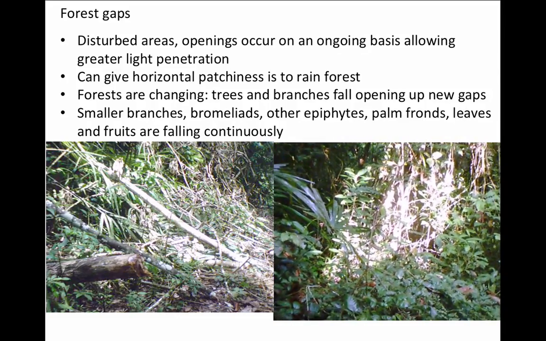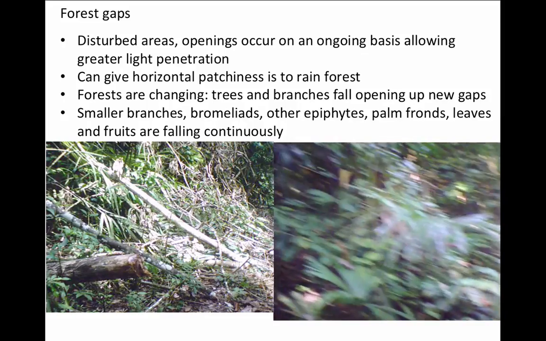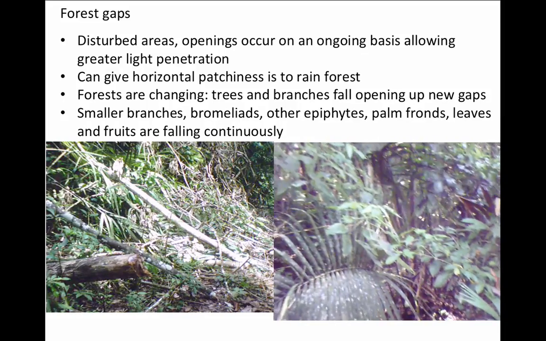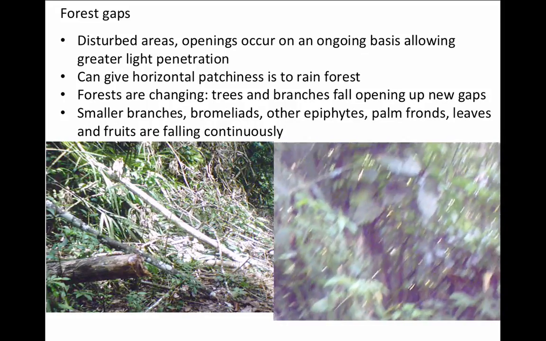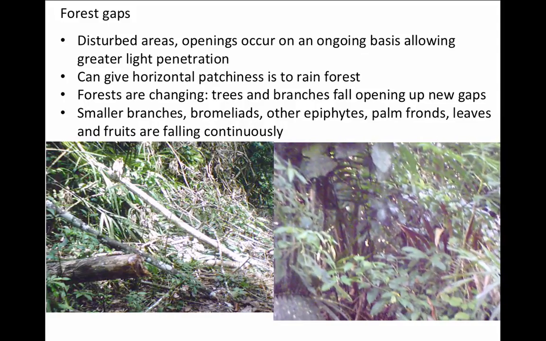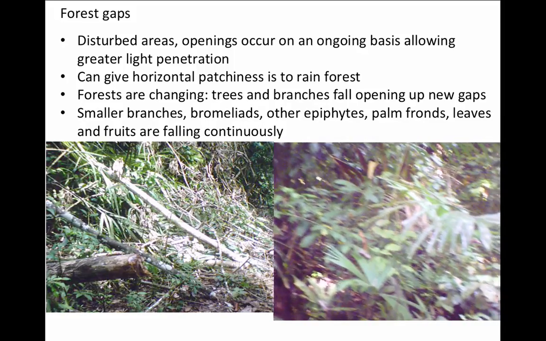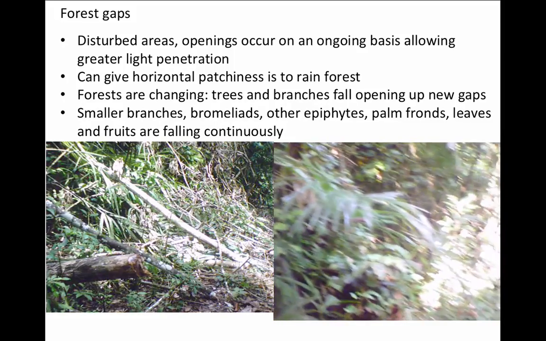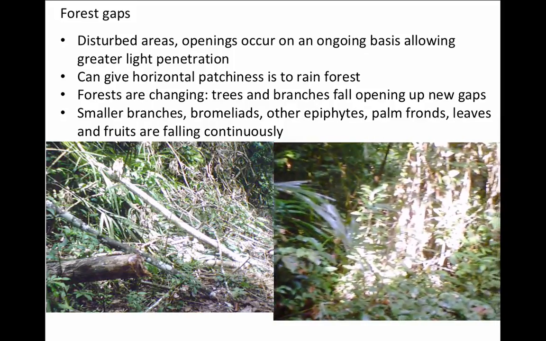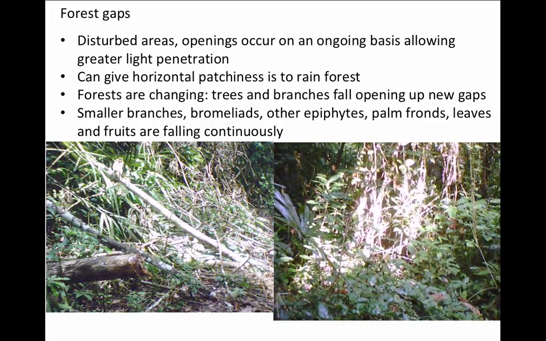A light gap would be an opportunity for a tree to be able to get a start because the rainforest is so heavily vegetated. Any small seedling would have difficulty being able to get enough light for photosynthesis to get a start.